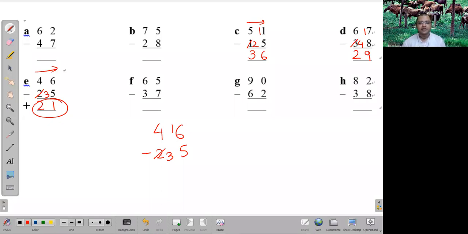Then there is some problem with the method. 6 can be subtracted by 5. We should get 21.